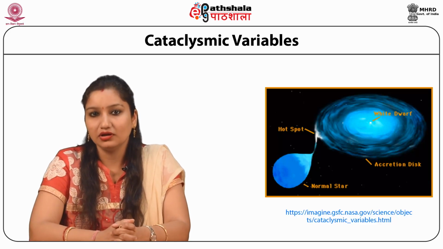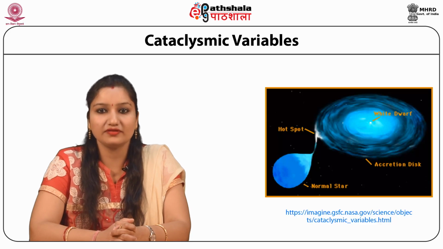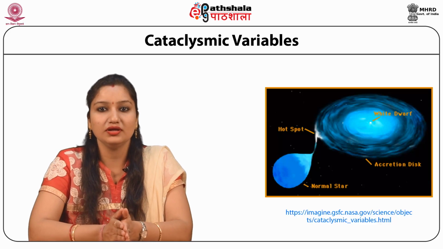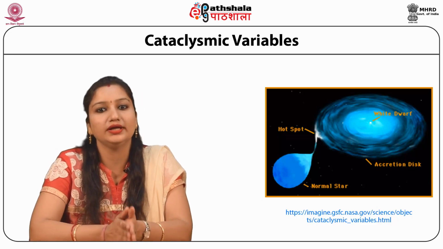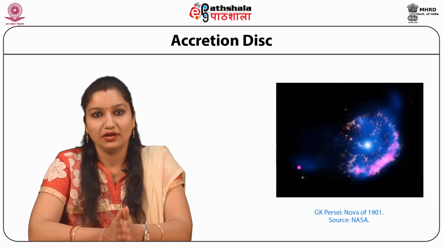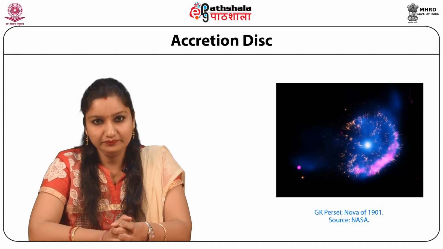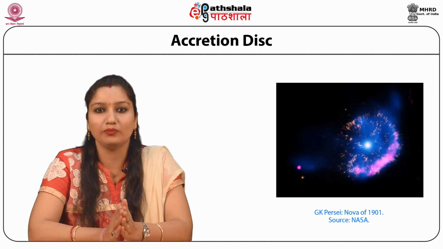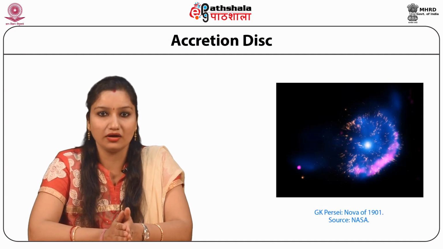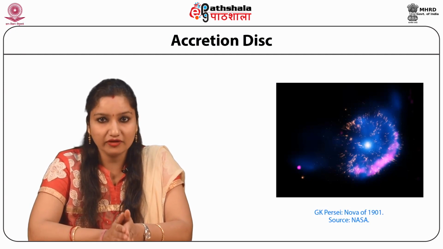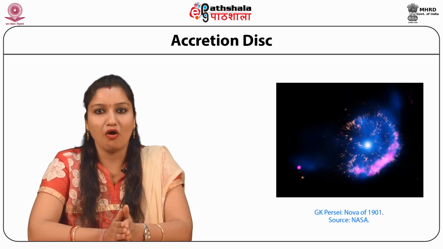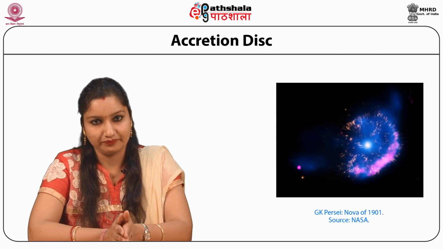When this matter falls on the surface of the compact object, the kinetic energy gets converted into heat energy. Accretion disk. The falling matter carries angular momentum from the star it left and therefore does not settle on the surface of the compact object.